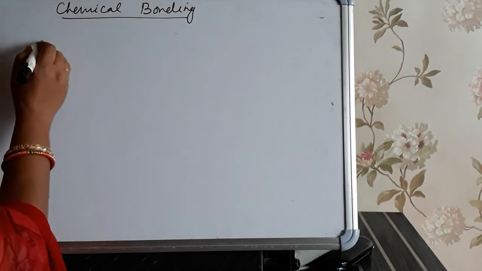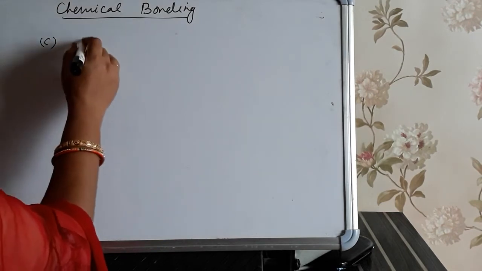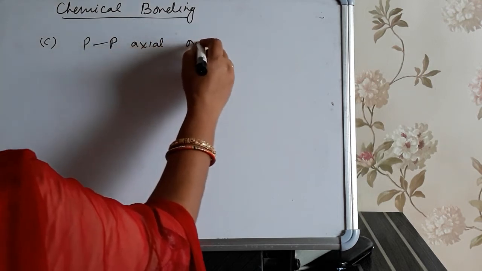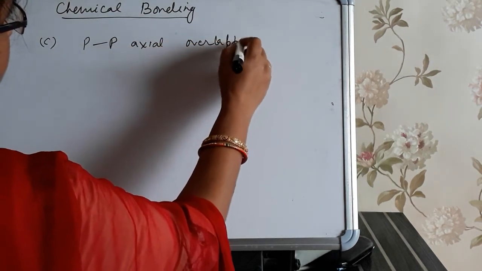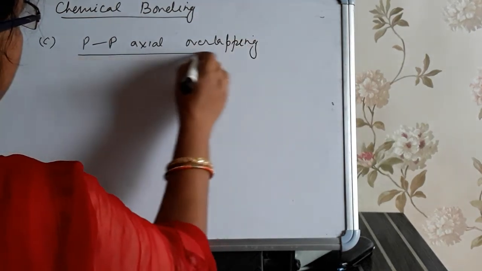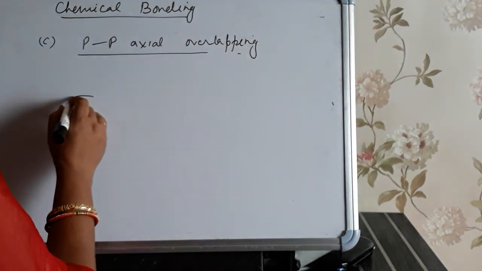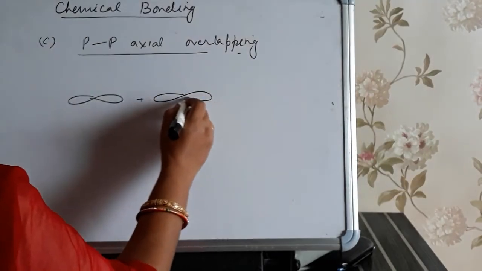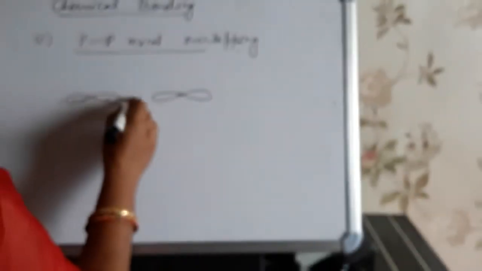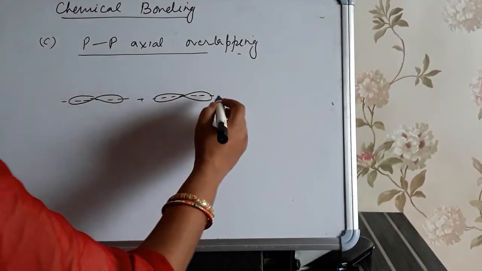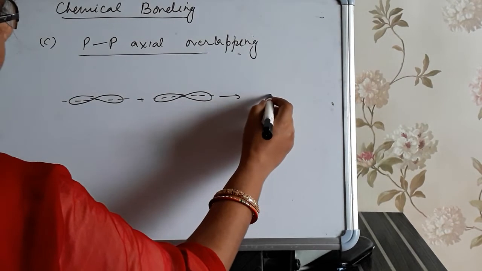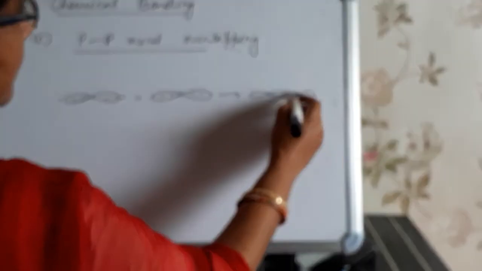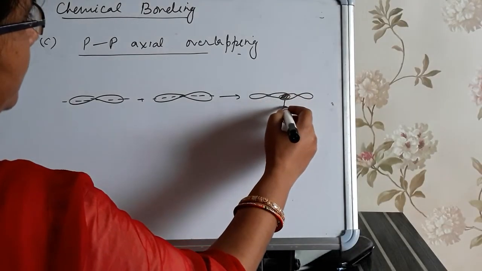Let's see the PP axial overlapping. When two p orbitals, this is the internuclear axis, and when overlapping takes place like this, this is the area of overlapping.